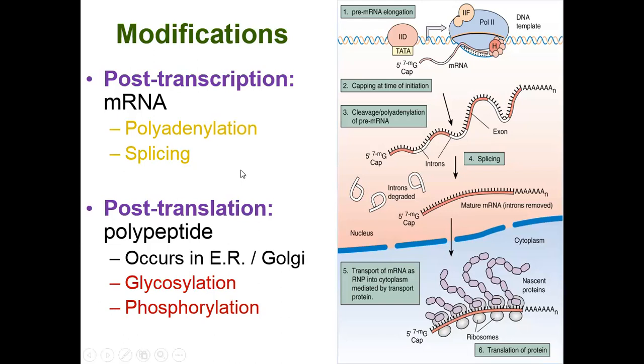These include the addition of a poly A tail, so-called polyadenylation, where a series of adenine nucleotides will be added, or splicing, where one messenger RNA undergoes a process called alternative splicing, where introns will be removed, and it results in the production of more than one protein by one messenger RNA.